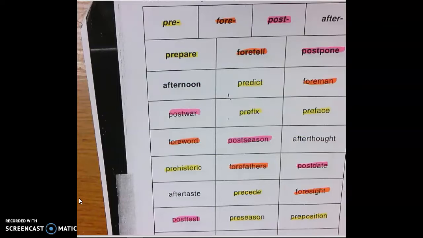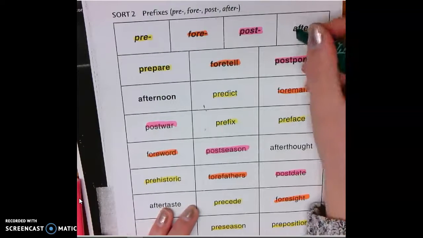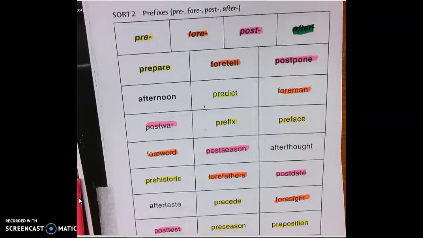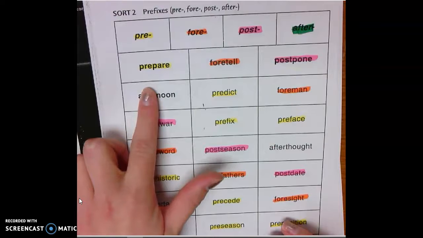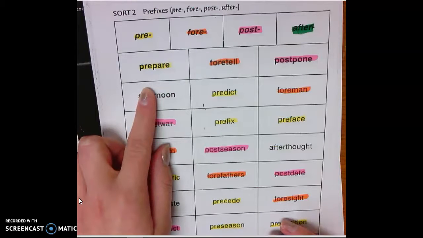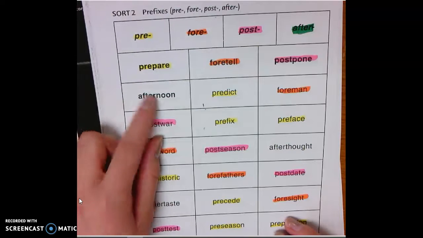Okay, we have one more prefix to go through, and it's after. I'm going to use the green color for after. The prefix is exactly what it means, after something happened. So we have this word afternoon. Take away the prefix, we have our root word noon, which means 12 o'clock p.m. during the day, or around lunchtime.